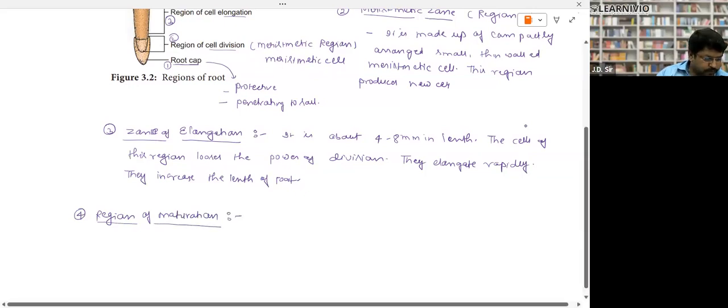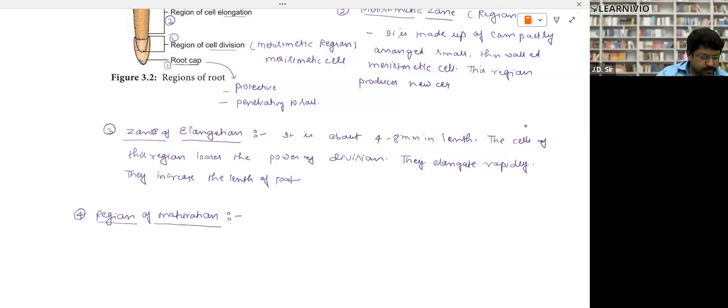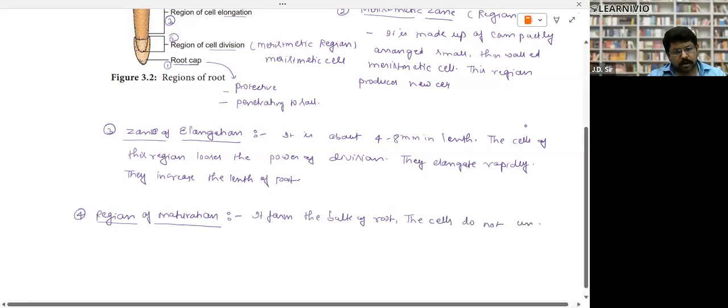The zone of maturation forms the bulk of the root. The main region of the root which is visible morphologically is this region. The cells do not undergo further changes.